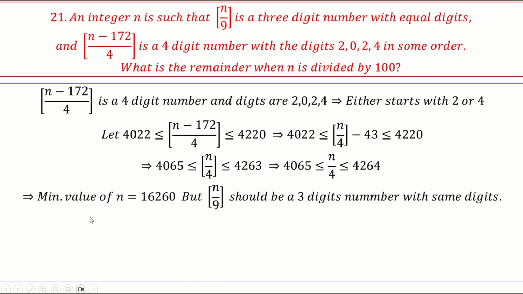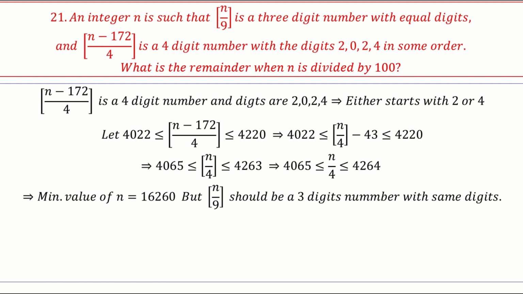Now, the minimum value of n, if this is the case, if you multiply with 4, is 16,260. Which means n by 9 will never be a 3-digit number. It is always 4-digit. If you divide this number by 9, you will get only a 4-digit number.